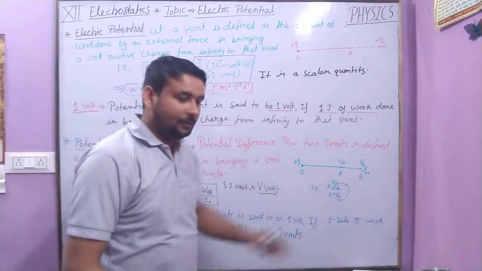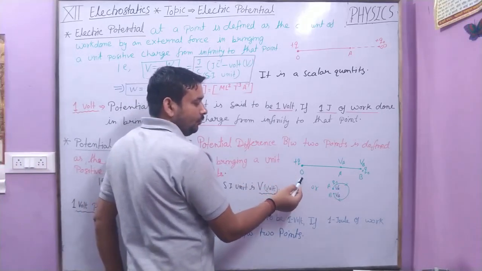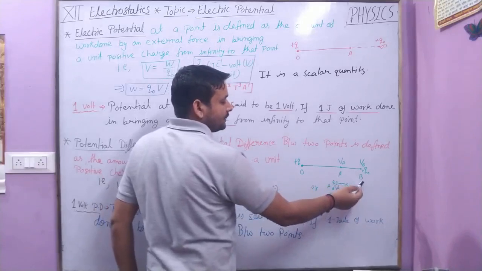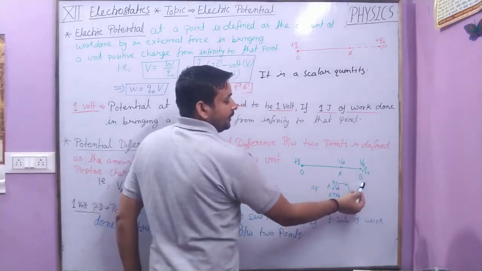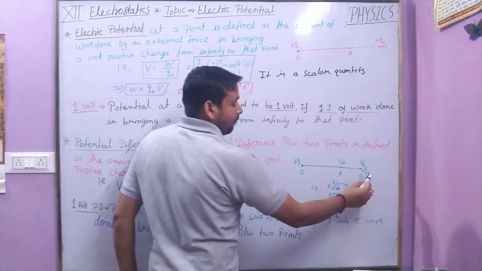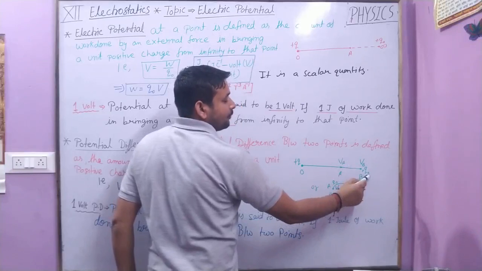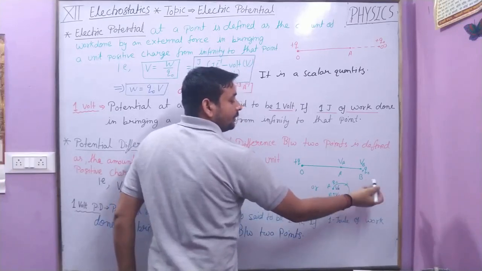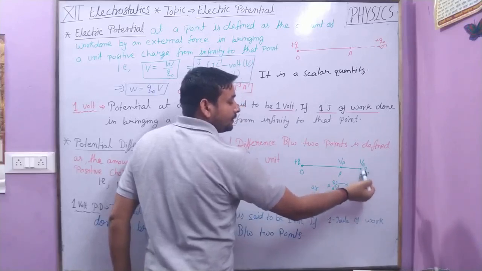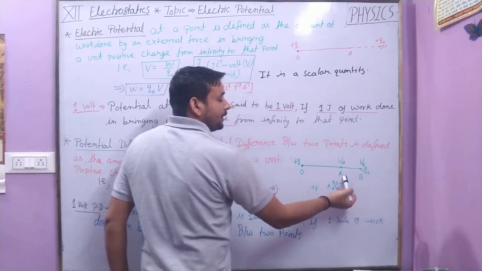Here the positive charge is at point O and there are two locations, A and B. The charge is kept at point B, and by doing some work we carry this charge from point B towards point A.